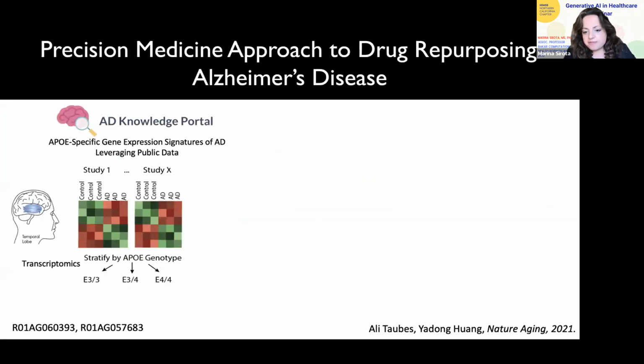This is work by a very talented graduate student, Ali Taubes, who was jointly advised by myself and Dr. Yadang Huang. What we aim to do is to come up with a precision medicine therapeutic approach for Alzheimer's, specifically looking at patients with the ApoE44 genotype, which is the biggest risk factor for Alzheimer's disease.